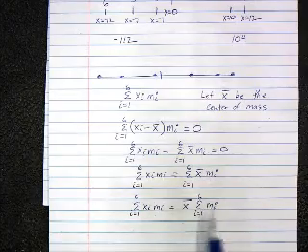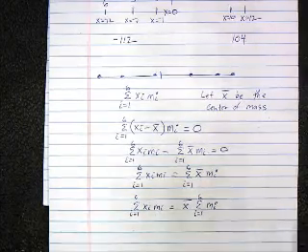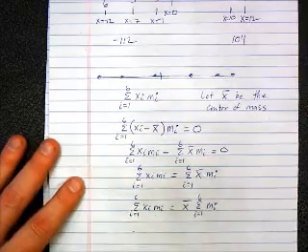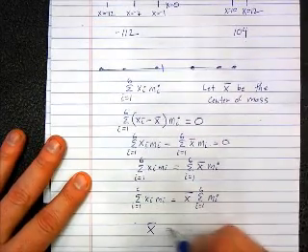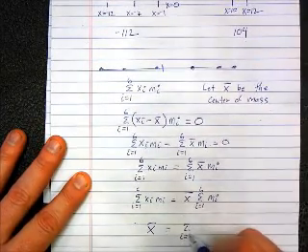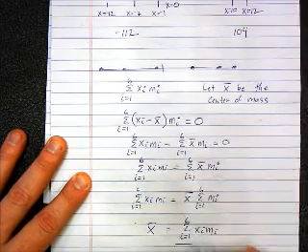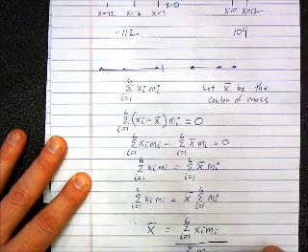I had x bar m1 plus x bar m2 plus x bar m3, and so on. So here's our formula for x bar: x bar is the sum from i equals 1 to 6 of xi mi divided by the sum from i equals 1 to 6 of mi.